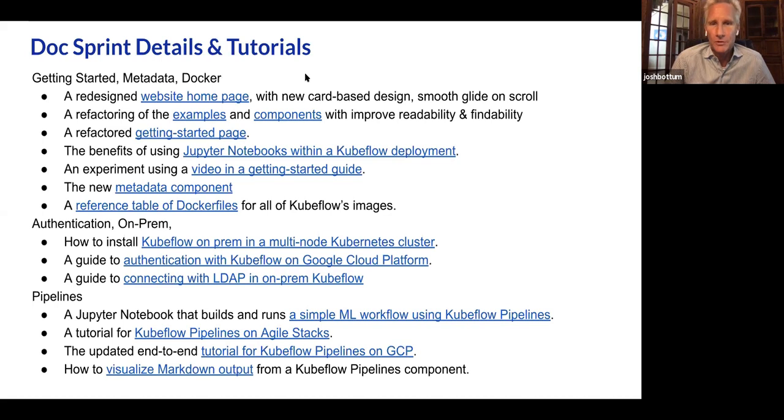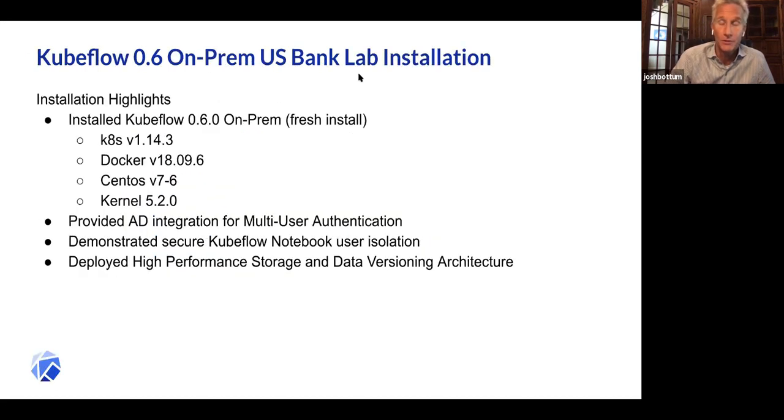And then again, more tutorials and work on helping people understand pipelines. So a lot of good work here, a lot of good reading for folks. With that, I'd like to hand off to Jeff Fogarty from US Bank to talk about his experience with Kubeflow 0.6 in an on-prem environment.